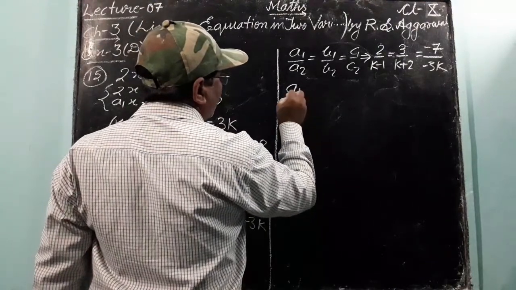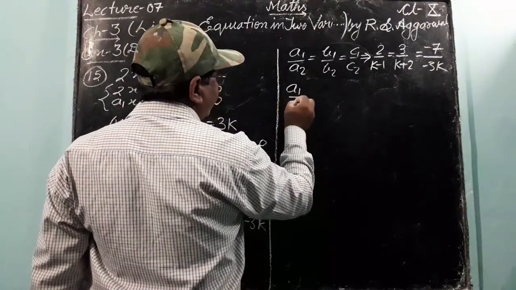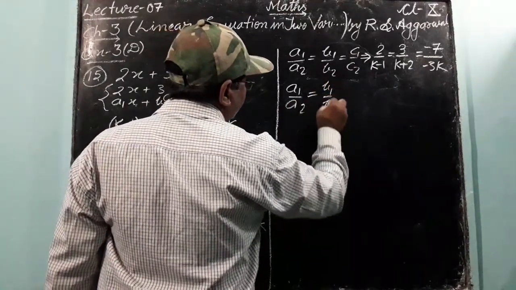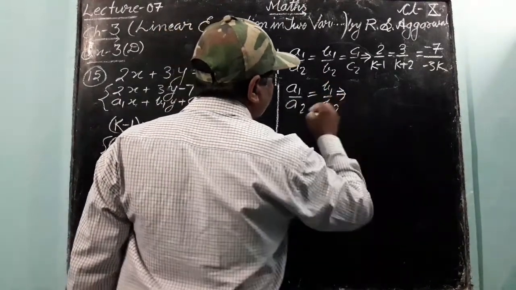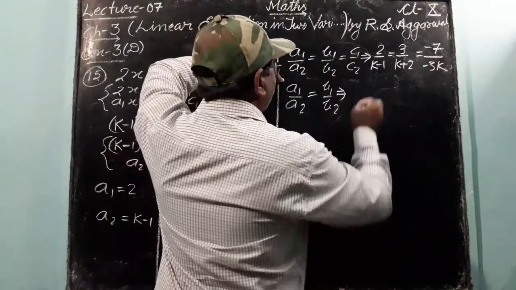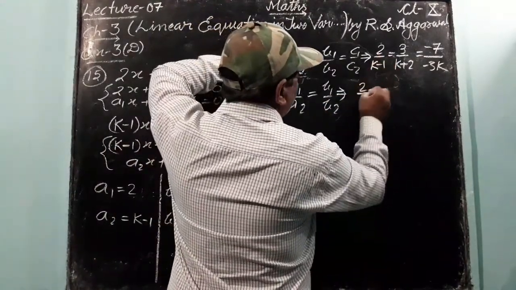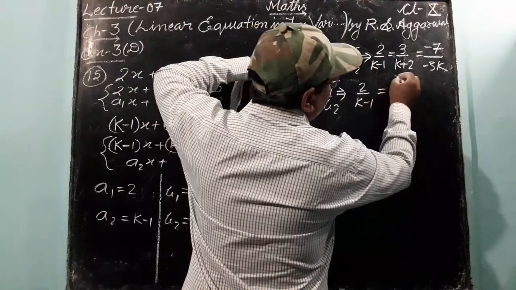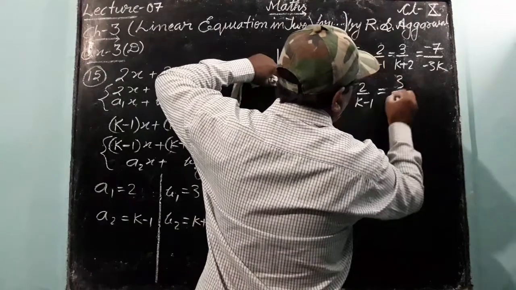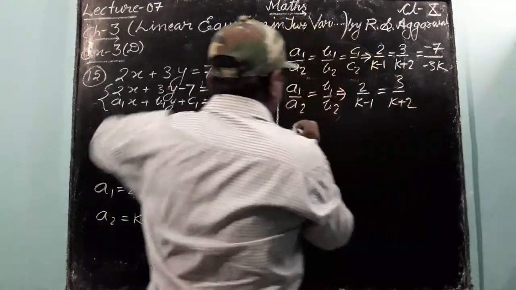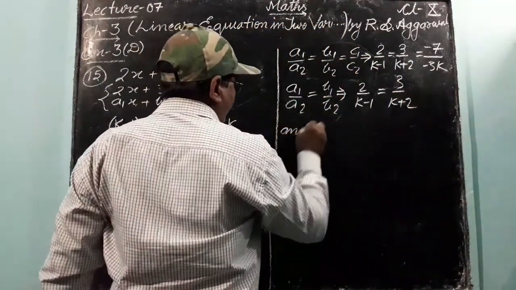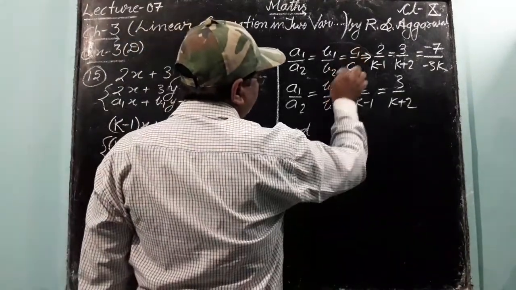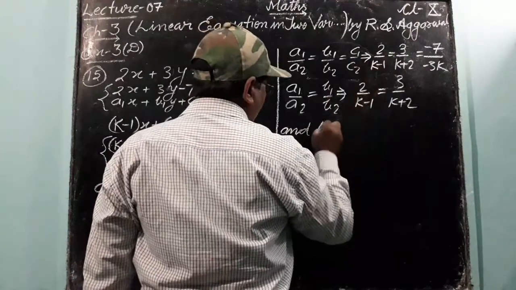a1 upon a2 is equal to b1 upon b2. So in this way it will be 2 upon k minus 1 is equal to 3 upon k plus 2, and the other form, b1 upon b2 is equal to c1 upon c2.